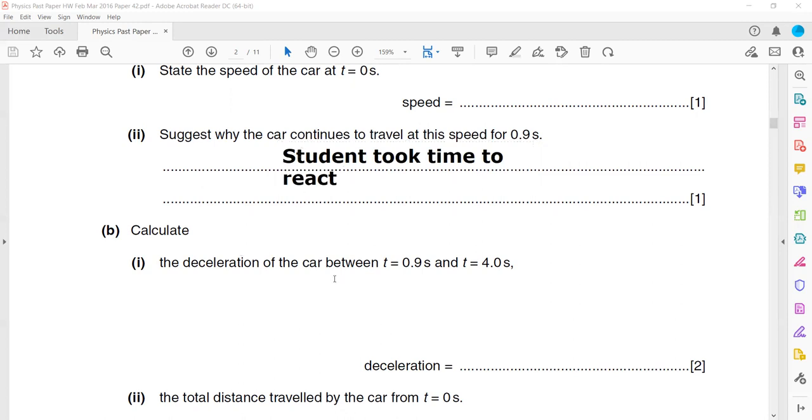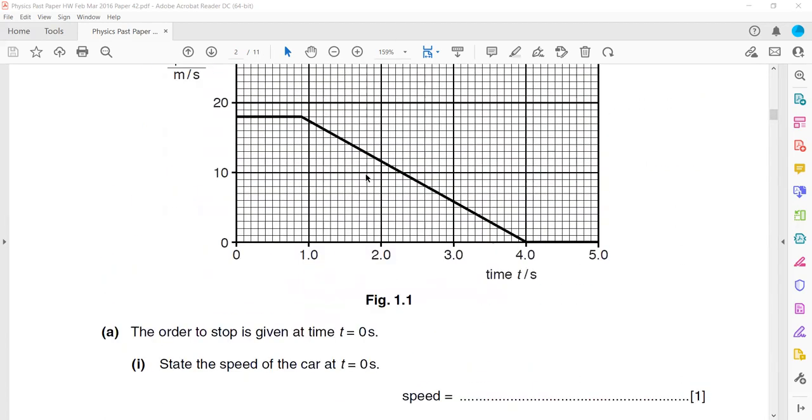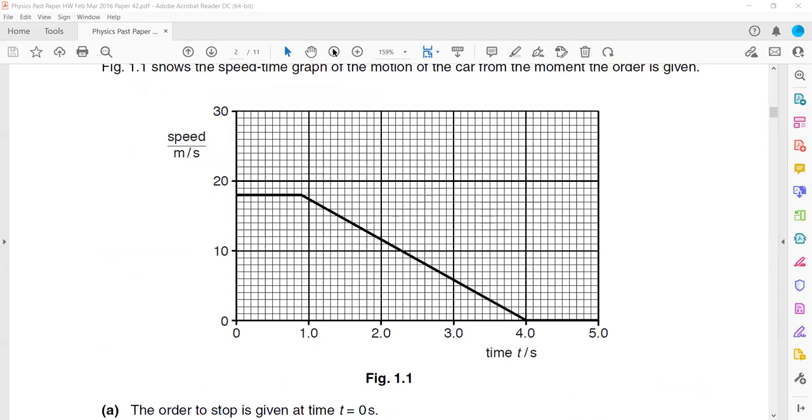Calculate the deceleration of the car from 0.9 second to 4 second. So from 0.9 second to 4 second, we want the deceleration. At 0.9, it was traveling at 18 meters per second, and at 4, it is traveling at 0 meters per second. And the time difference from 0.9 to 4 is 3.1.